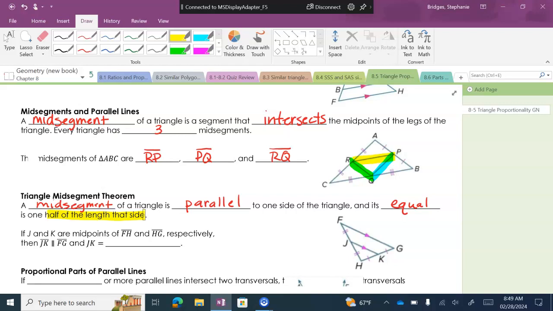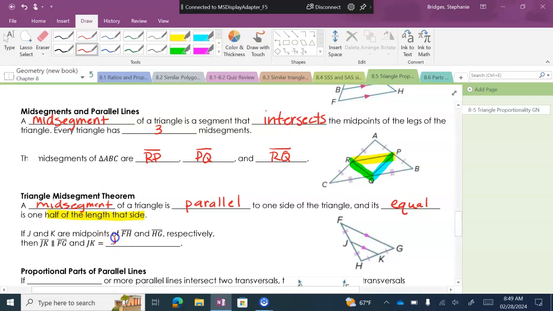All right. If J and K are midpoints of FH and HG respectively, then JK is parallel to FG. I'm just reading what it says right there. And then JK, is JK my mid-segment or my side? Look at your picture. Is JK the mid-segment or the side of a triangle? Mid-segment.